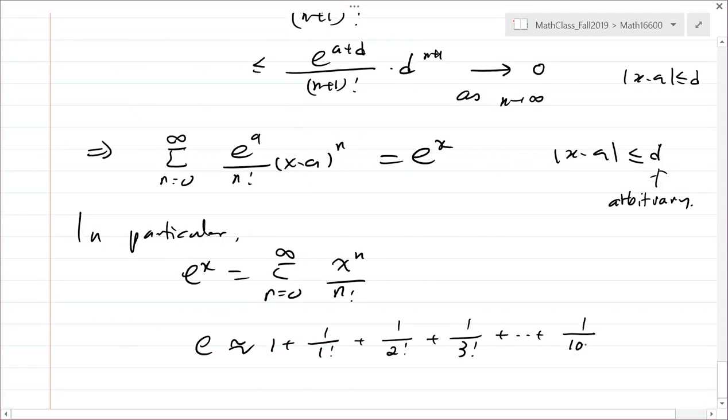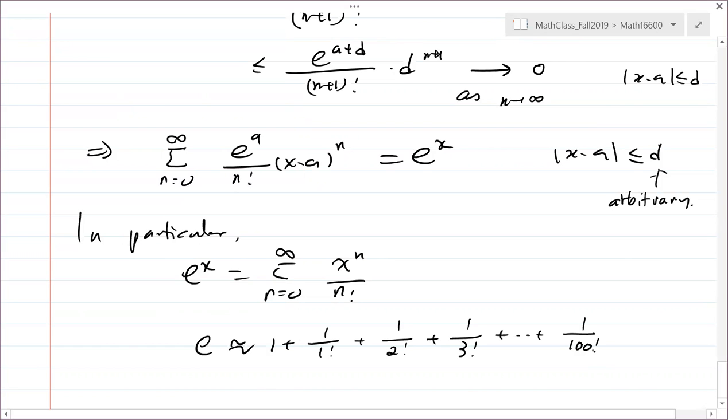You can say 100 factorial. Then you can let the computer estimate, and you really get a good approximation. The number on the right hand side is a rational number, because every term is a fraction.